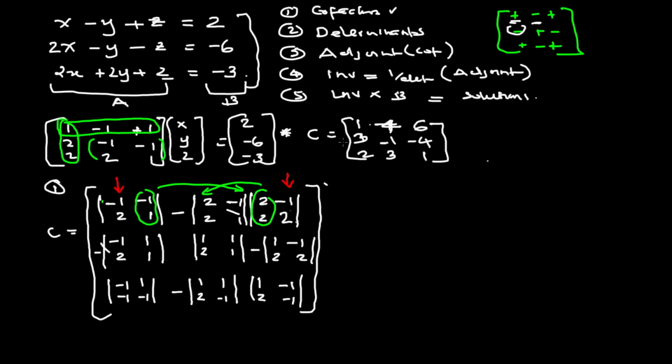Okay, so we've got our cofactors now. Okay, so those are our cofactors. Now the same way we did the first line is the same way I've done the second and third lines.